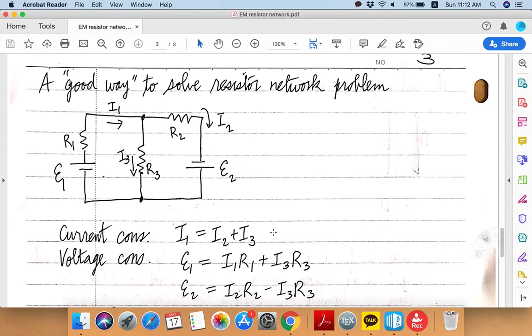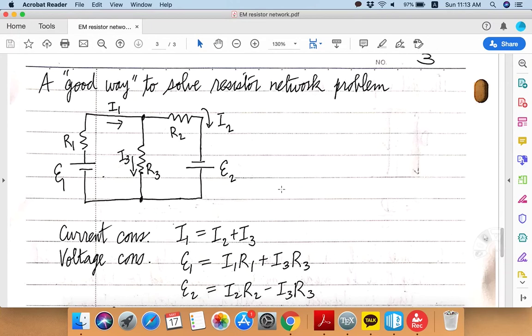So let's have some fun applying those two rules. Ultimately, what we want to know is exactly how much current is flowing through every resistor in my circuit. So here is an example of some fairly complex resistor network, and you have some current flowing through every resistor. I call them R1, R2, R3, with currents I1, I2, I3, since there are 3 different resistors.